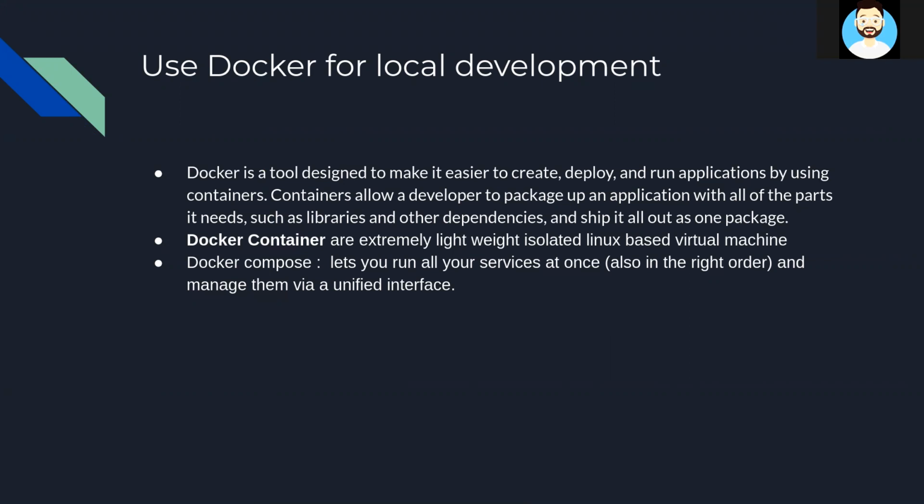You can run a PostGIS database in one Docker container, a Kafka instance in a different Docker container, and various other services, each with its own virtualization, own JVM, own memory, own configuration, totally isolated from other Docker containers. These Docker containers are extremely lightweight and provide a Linux-based virtual machine to you.